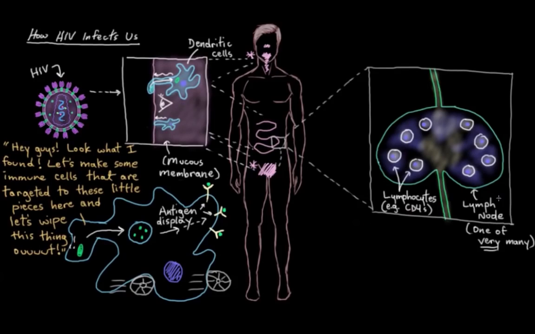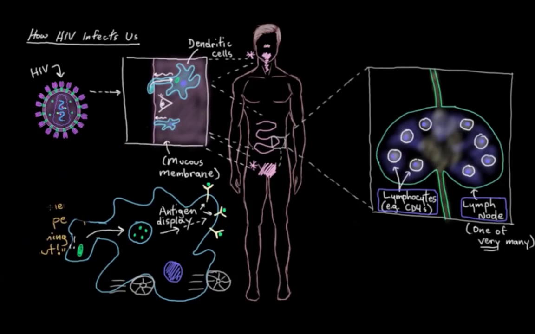You can think of these lymph nodes as police stations where a lot of our cops hang out waiting to be briefed on their next task, to be shown wanted posters, so to speak. This is standard practice for our dendritic cells, by the way. The normal everyday life for these guys goes something like: they hang out in the mucosal surface, they find pathogens, they carry them to the lymph nodes to alert the lymphocytes. This is just a normal day for them at this point.